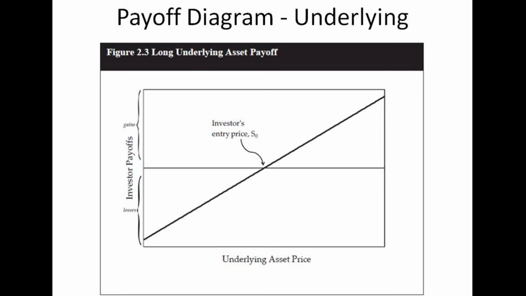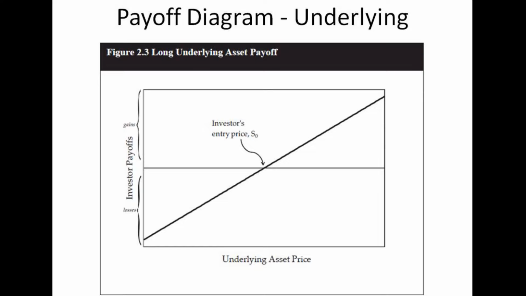So our first diagram here is a payoff diagram of the underlying. And as you can see there in the middle, we've got the investor's entry price, or S0. And that's the price that a person bought an underlying product at. So we'll say if it's a stock, if you buy a stock at $100, that is your entry price.